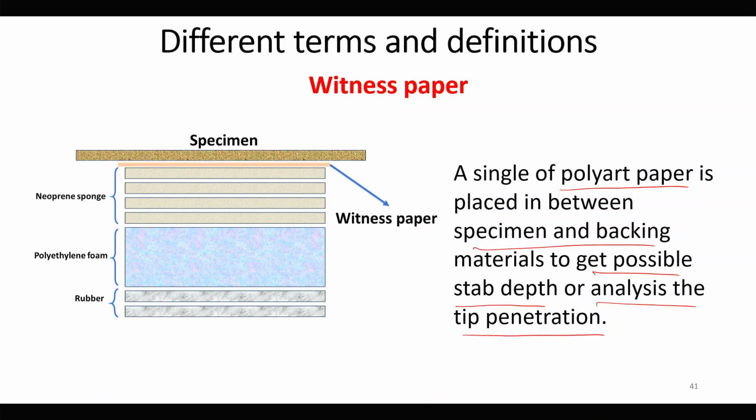We can analyze the tip penetration by knowing the tip geometry. The tip of a knife is used, and suppose this is the witness paper. When the knife penetrates, it will give a certain cut, because this knife can easily penetrate through, it will not have any additional protection.